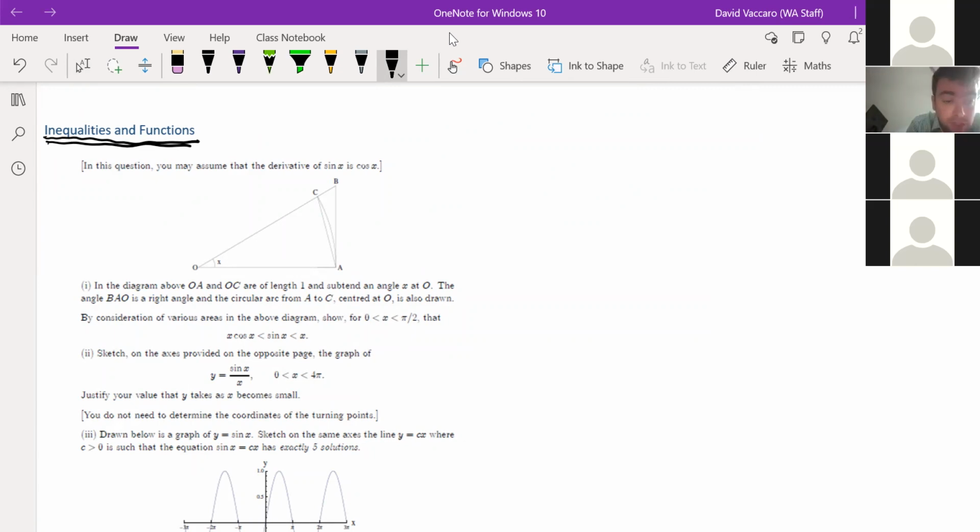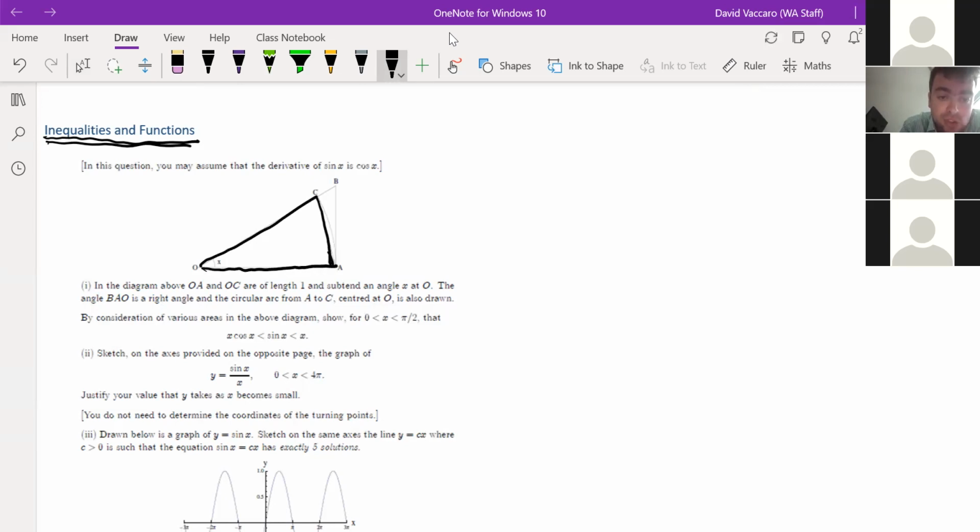So it says, in the diagram, we've got a diagram here, by considering various areas in the above diagram, show that for 0 is less than x is less than pi over 2, x cos x is less than sine x is less than x. So let's consider some shapes that are all, in some sense, quite similar to one another.